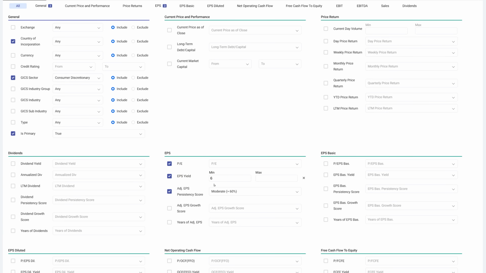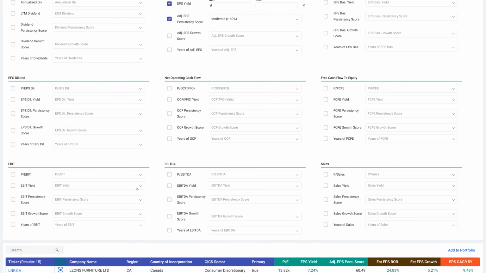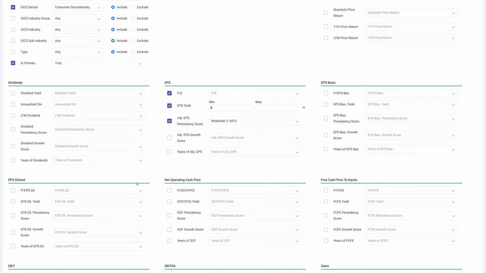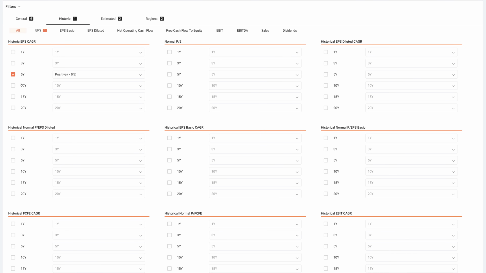That gets me close to a 15 PE and close to fair value for most stocks. And then I want stocks that have at least a 60% persistent growth rate. In other words, they grow their earnings 60% of the time. They might occasionally miss their earnings estimates. So that's another criterion that I've added into the screen. Those are the 6 criteria that I have under general. Under historic, I simply want positive growth over the last 5 years.